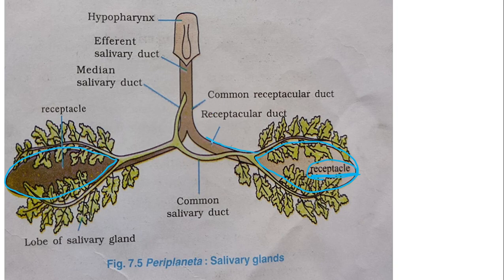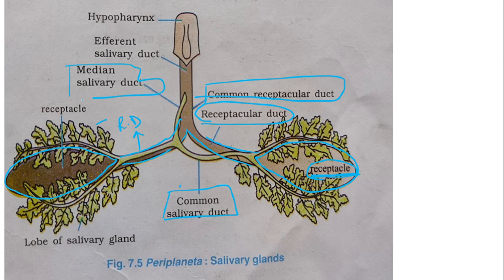Now if you see, this receptacle also has a duct which we call the receptacular duct. So one receptacular duct from here, another receptacular duct from here. Both these ducts will combine together to form the common receptacular duct. I am repeating myself again. Both the lobule ducts will combine together to form the common salivary duct, and the common salivary ducts combine together to form the median salivary duct.